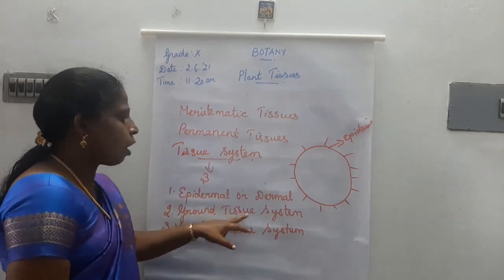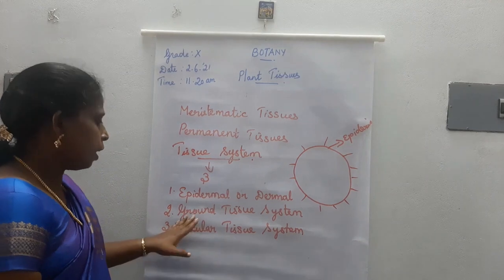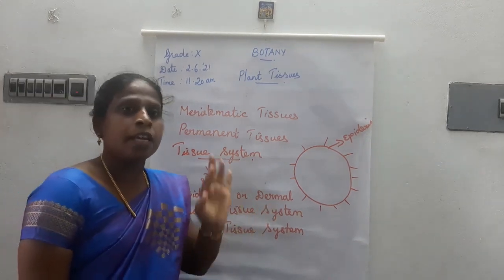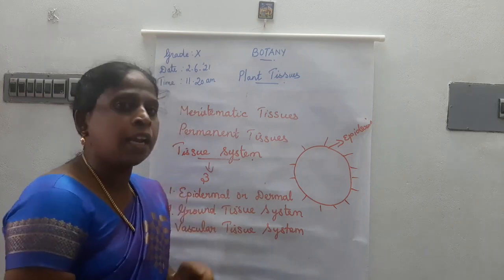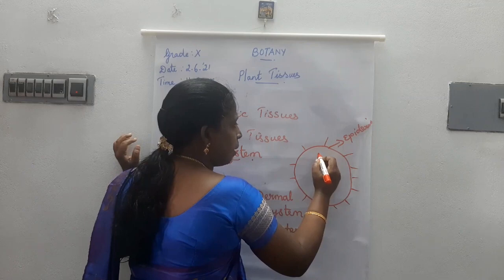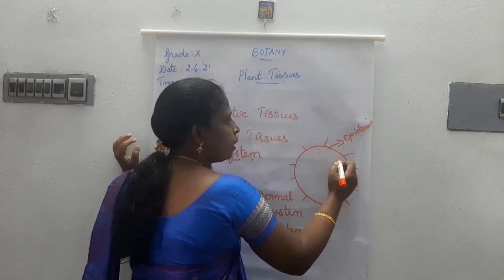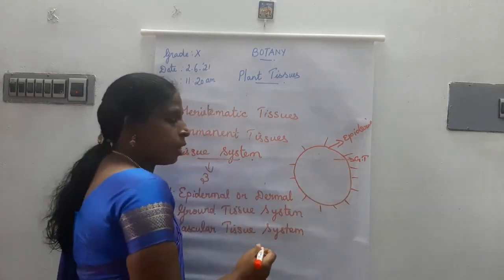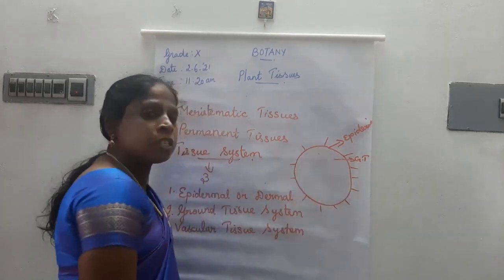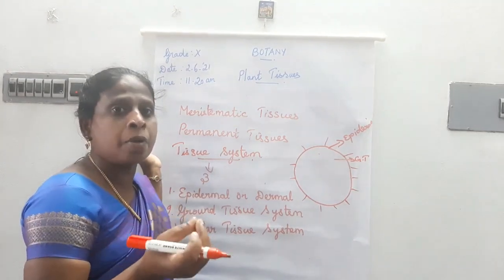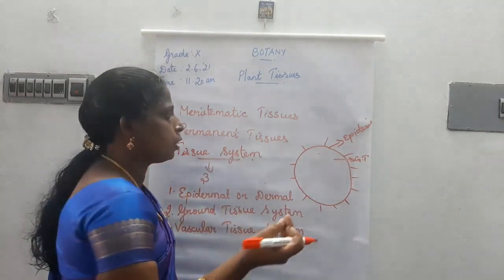Next one is the ground tissue system. The ground tissue system consists of cortex, endodermis, pericycle and pith. Below the dermal region, the ground tissue system is present. This ground tissue system is made up of parenchyma, collenchyma or sclerenchymatous tissues.